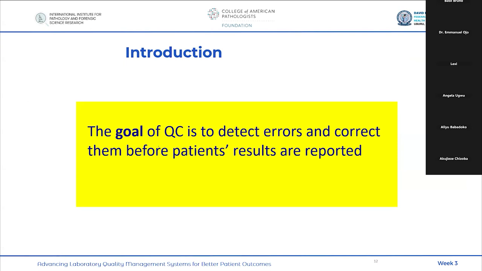And if I have to paraphrase, this is actually from a standard QMS training curriculum. So I want to rephrase this: the goal will be to detect errors and correct them so that patient results are reported accurately.